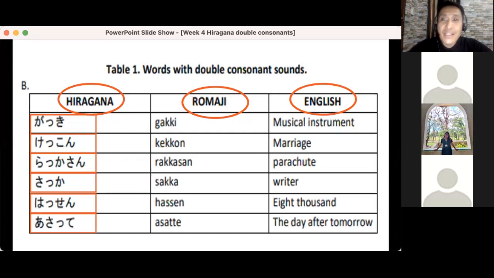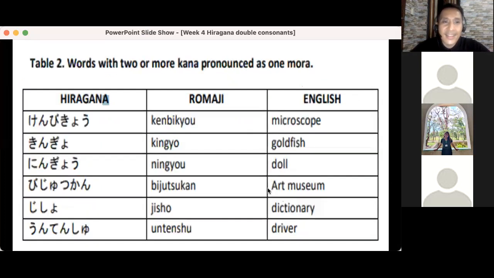Pag sinabi nating maliit na ts, ibig sabihin, habaan natin ang tunog ng consonant sound na yan kasi double consonant siya. Gaki, kekkon, rakkasan, sakka, hassen, asatte. Okay? At doon nilalagay yung maliit na ts before the consonant being repeated.